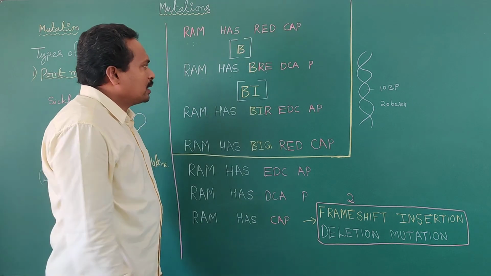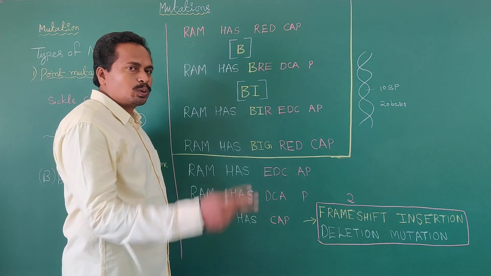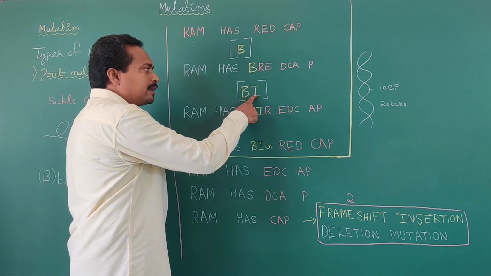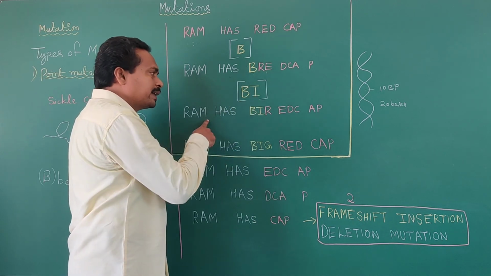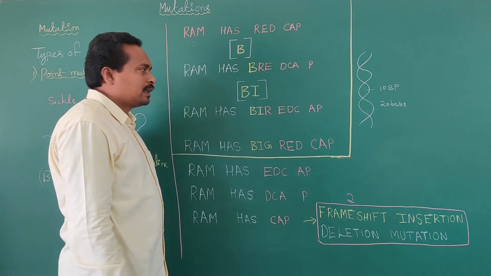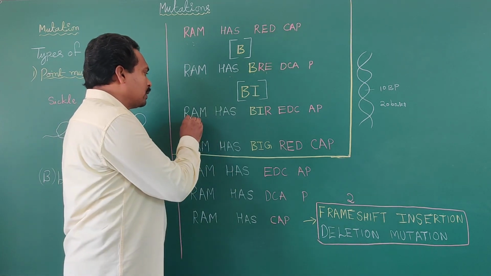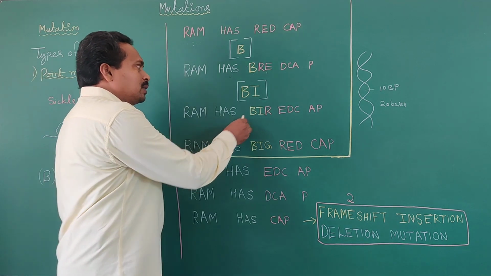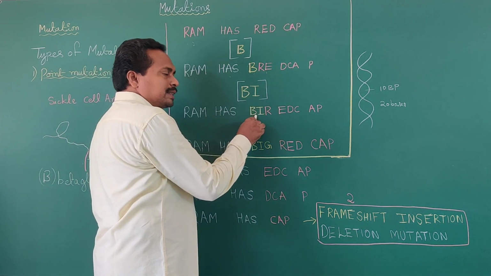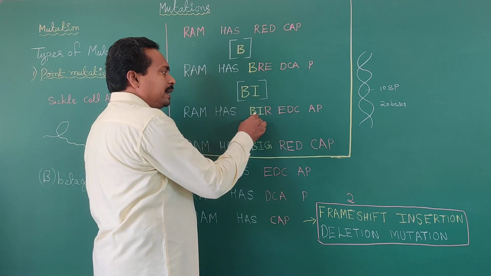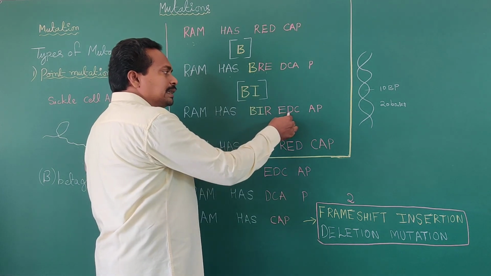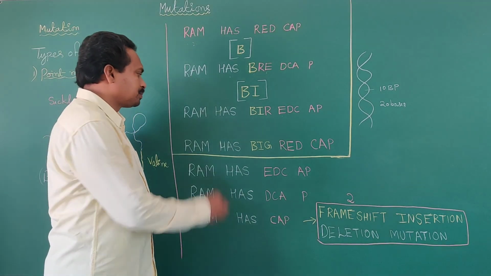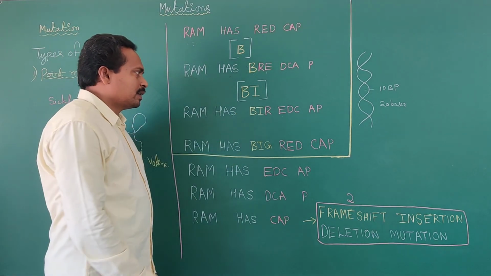Is it clear? Suppose you insert 2 alphabets, one alphabet is B, another alphabet is I. Now rearrange the sentence like a genetic code: RAM, HAS, BIE, DCA, P. Okay, this is the sentence.